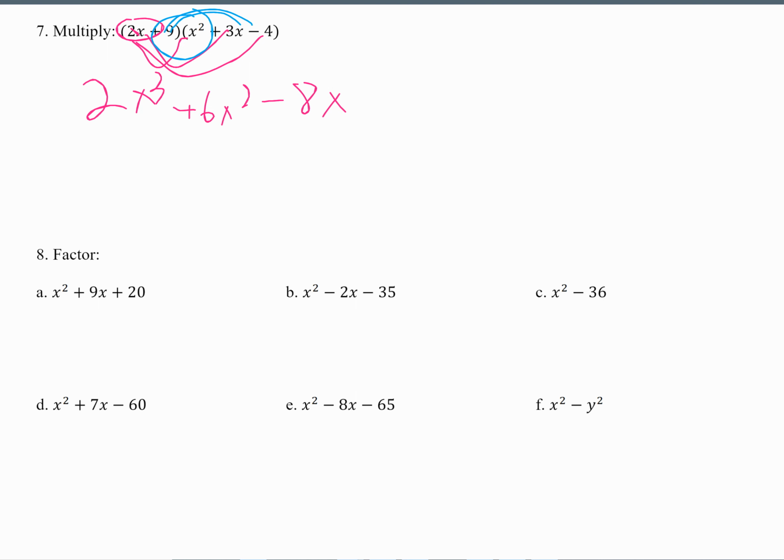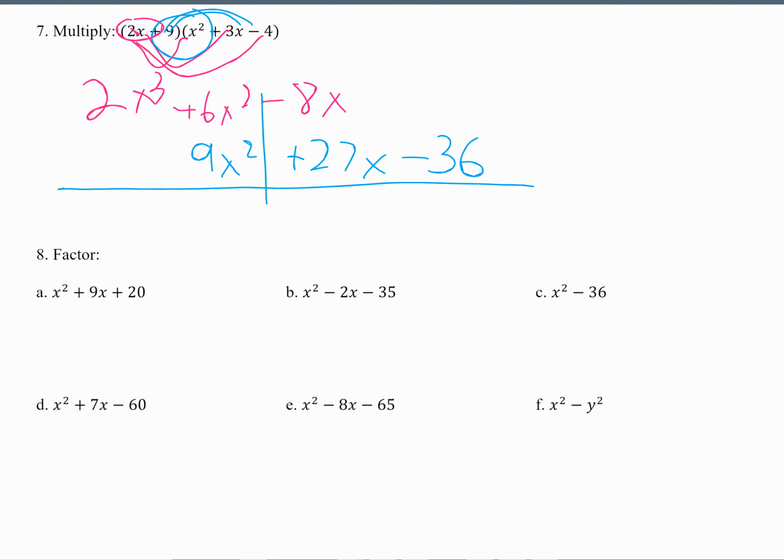So I'll do 9x squared plus 27x minus 36, right? Then you just add them together. Now, and that'll be what? You see how I kind of line up the same coefficients, the same degrees? So you get 6 plus 9 is 15 x squared, you get a positive 19, I think, when you take 27 minus 8 is the coefficient of x. And then the 2x cubed just comes down.